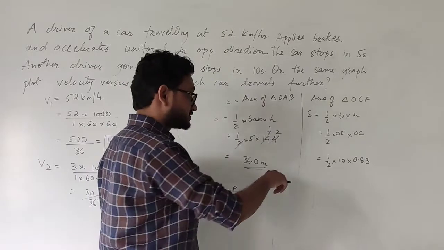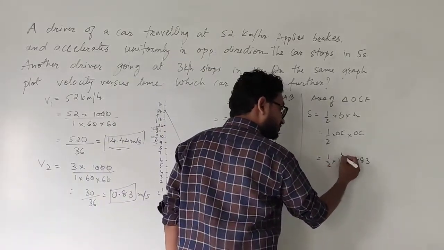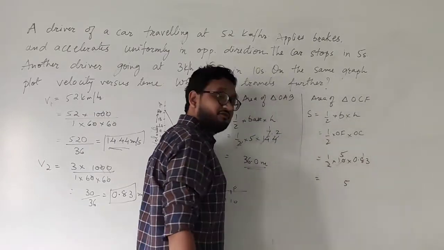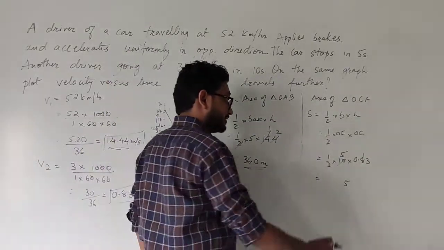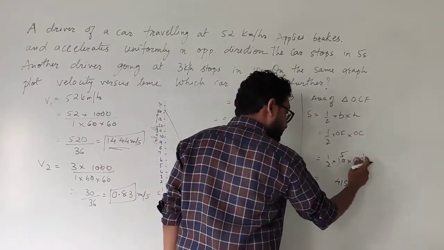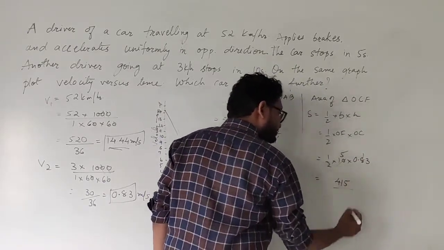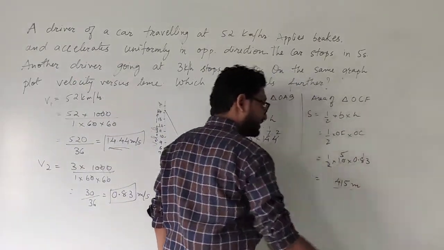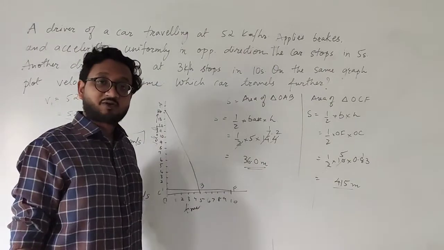And the next one: 2 fives 10, 5 threes 15, 5 eights 40, and this 41, with 2 decimal points like this. So we have 4.15 meters, and this is how we are supposed to find the distance.